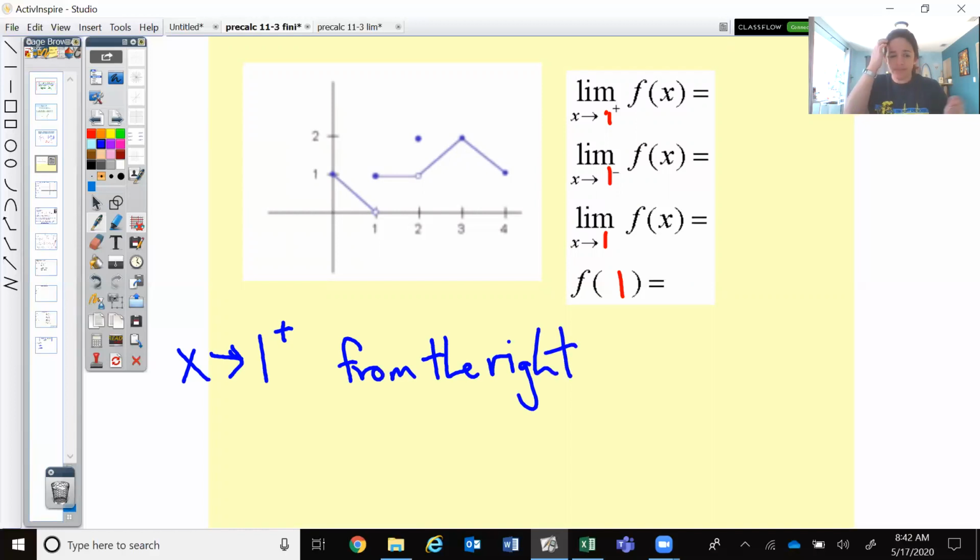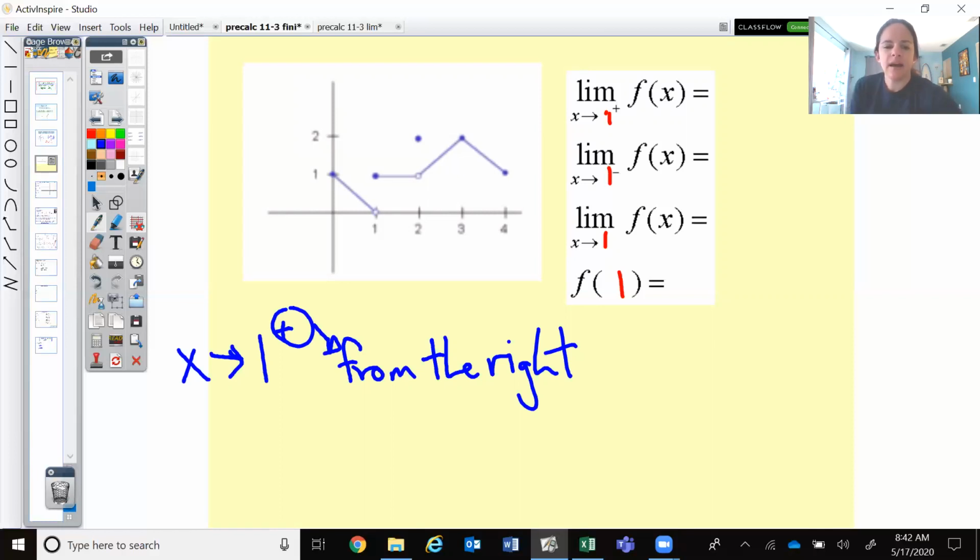Now, incidentally, if this said y approaches 1 with a superscript of a plus sign, then that would be y approaches 1 from above. Because you're looking at a y value, but we won't be looking at that. We'll just have x values here. So as x approaches 1, from the right is what that plus sign means.